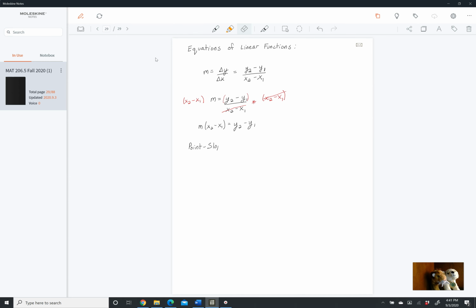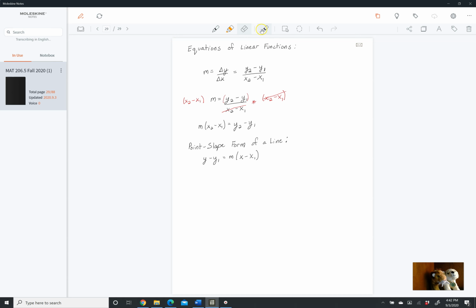It'll seem rather obvious because for point slope form of a line, you need a point and a slope. So it's y minus y1 is equal to m times x minus x1. This is the point slope form of a line.